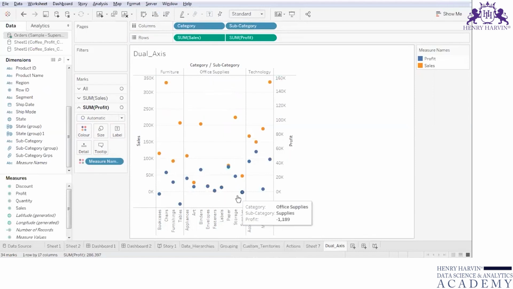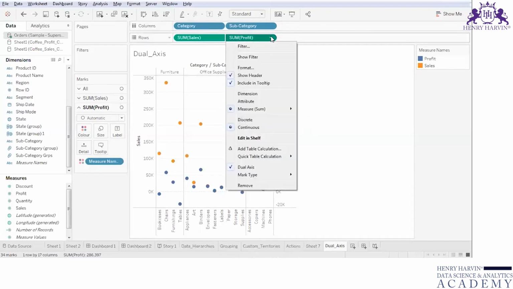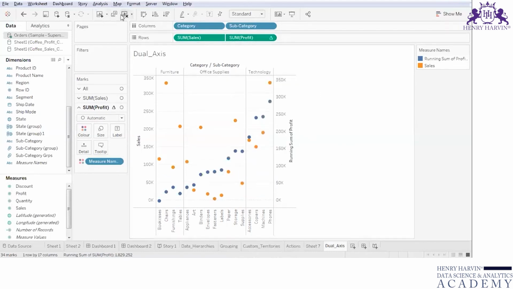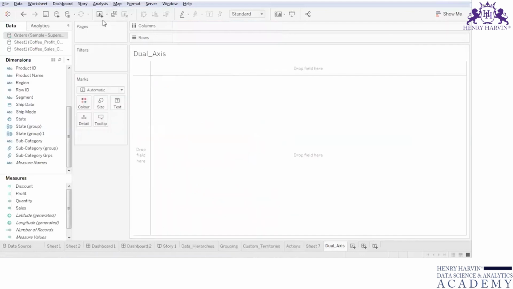Similarly, with the dots of sales, I'll see that the highest number of sales are coming from the furniture and technology categories, but at the same time the minimum profit or the losses are coming from the furniture category a lot. In this way, I have plotted both the sales and profit together on a single graph, using the option available in this second pill. This is the dual axis. Now, let me remove this chart and create it using the other option.